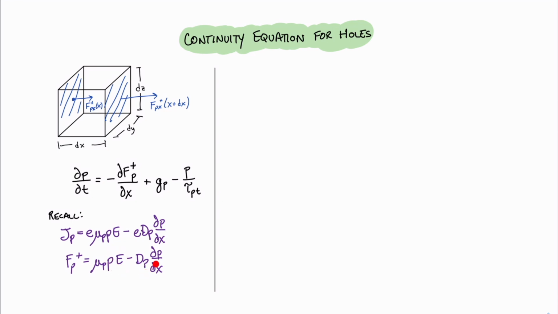Then we look over here, we already have a derivative here of dp/dx. So as we take the derivative again, we're going to end up with a second derivative here in the diffusion term. So let's go ahead and write this out. We can write that Fp plus is equal to mu p times d(pE)/dx minus Dp times the second derivative d squared p/dx squared.